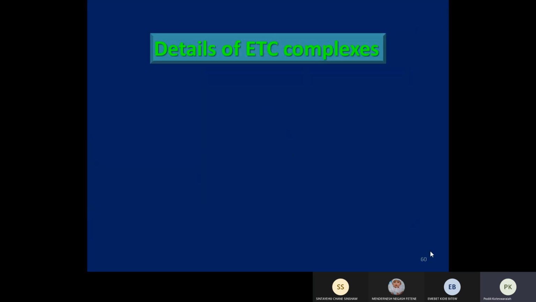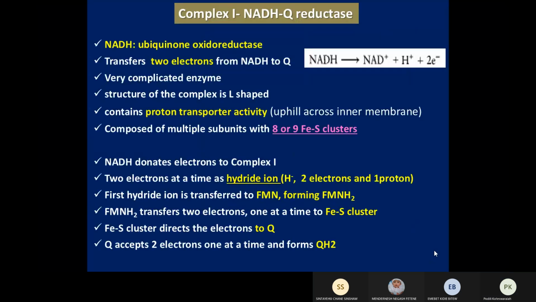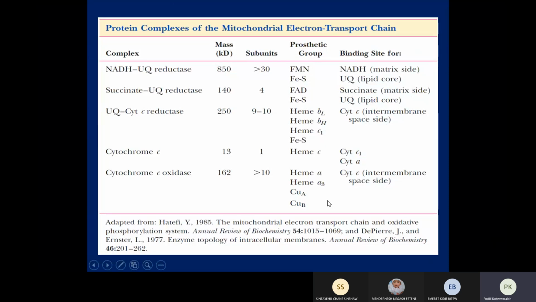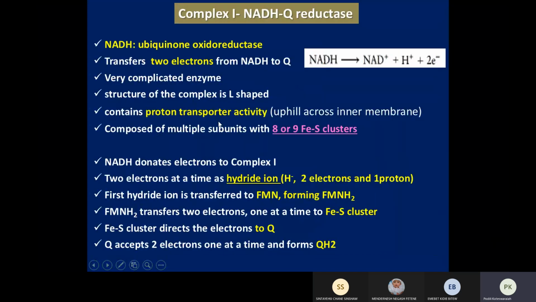And here first we will discuss complex 1. So we know complex 1 is the NADH-Q oxidoreductase. This is complex 1, the NADH-Q oxidoreductase. And you can see here it has many subunits, and it has FMN as the cofactor, and it has many iron sulfur clusters.